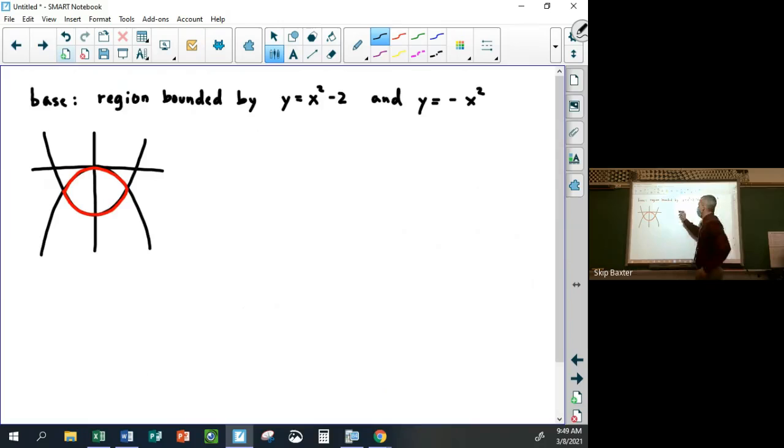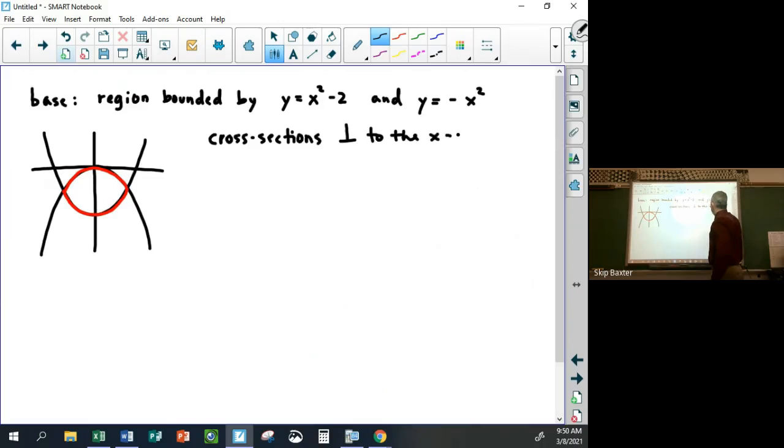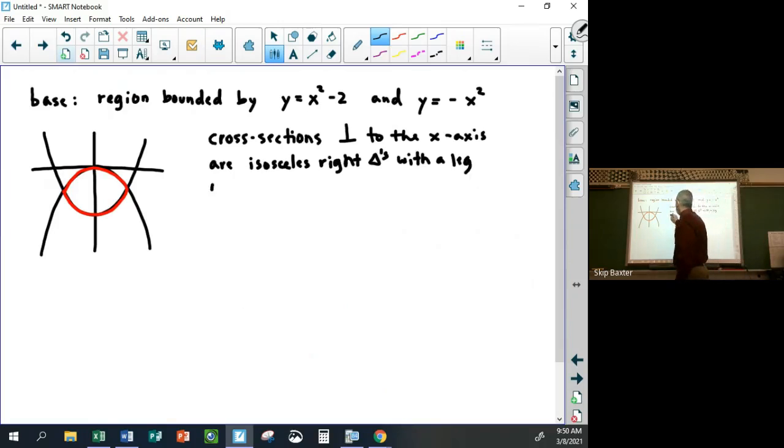And let's suppose that the cross sections perpendicular to the x-axis are, let's say it's isosceles triangles. Isosceles right triangles with a leg in the xy plane.